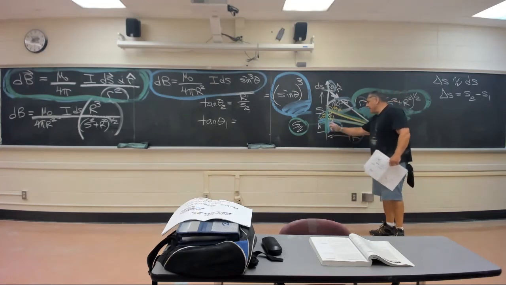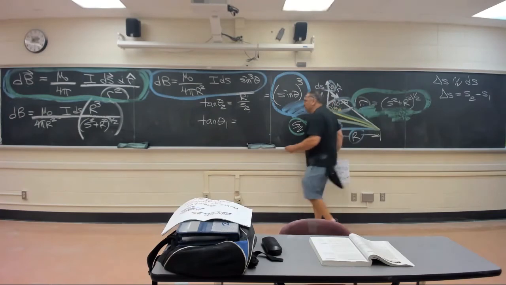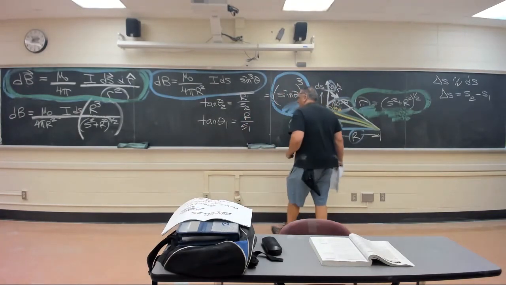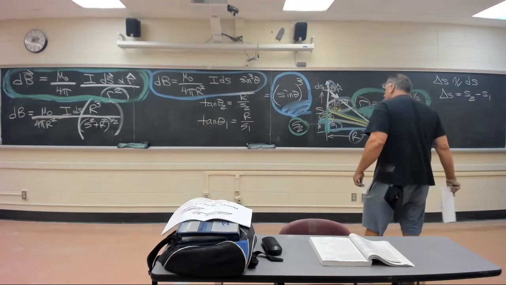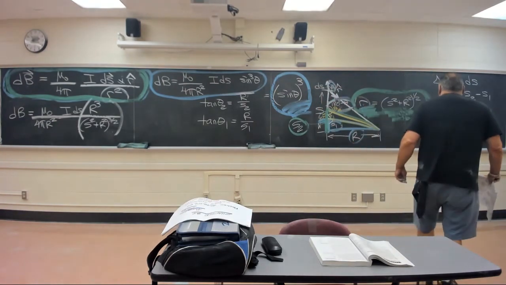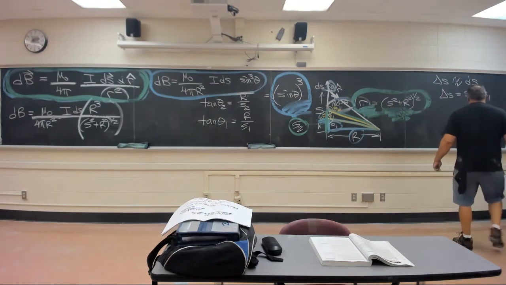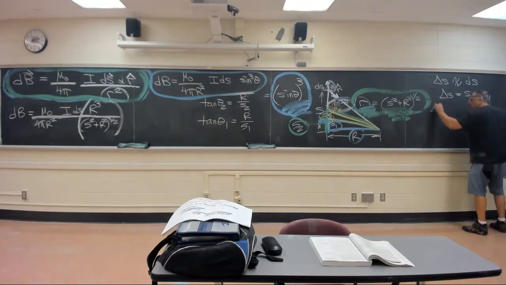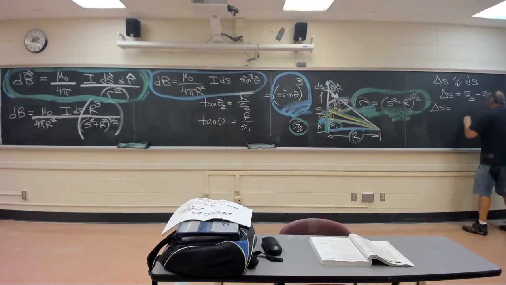Capital R divided by S1 is tan theta 1. Okay. Now what? Let me say something. Tell me how you feel about this, guys. S2 minus S1, huh?